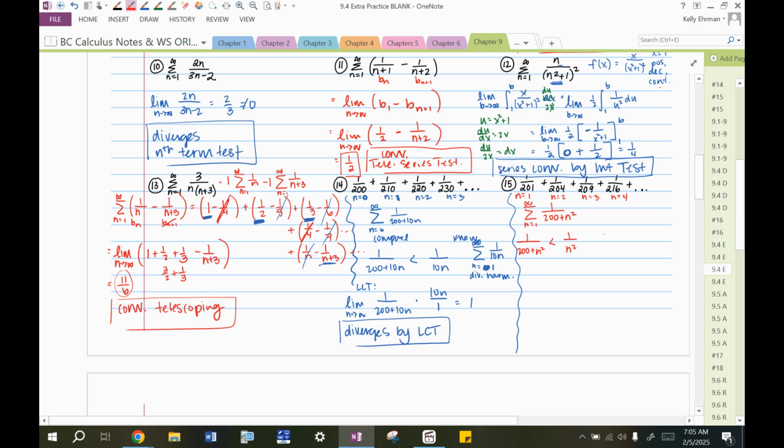It's smaller. I know that the series from 1 to infinity of 1 over n squared is a convergent p-series. And so I can do DCT on this one. So this converges, there's not really any reason for me to label that. This converges by DCT.